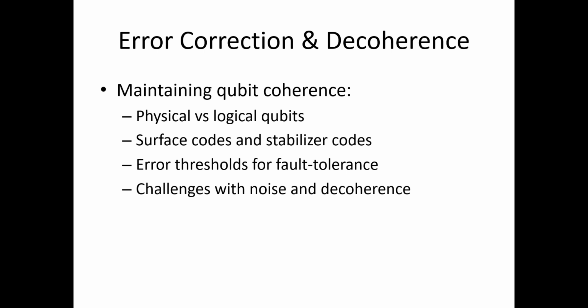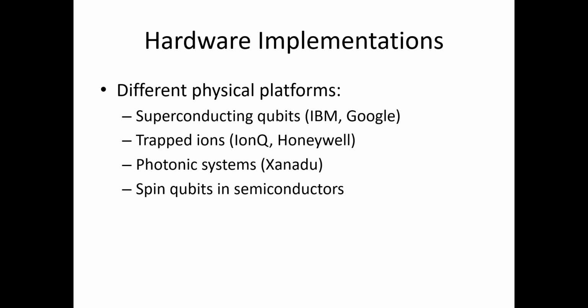Codes like surface codes and stabilizer codes are being developed, achieving fault tolerance where computations are processed reliably despite errors. This requires physical error rates to be below certain error thresholds.